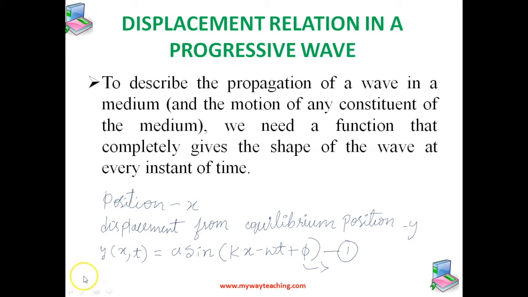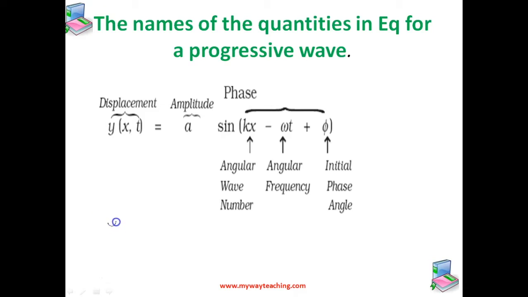And we can write y(x, t) = a sin(kx - ωt) + b cos(kx - ωt).